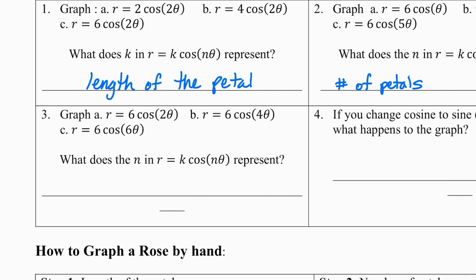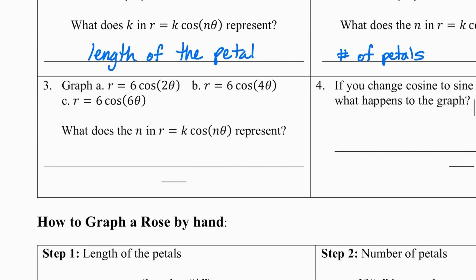We have 2, 4, and 6, which are all even numbers. So that does end up changing the number of petals. But if you notice that when you did 6 cosine 2 theta, you had 4 petals. If you did 6 cosine 4 theta, you had 8 petals. If you did 6 cosine 6 theta, you have 12 petals.